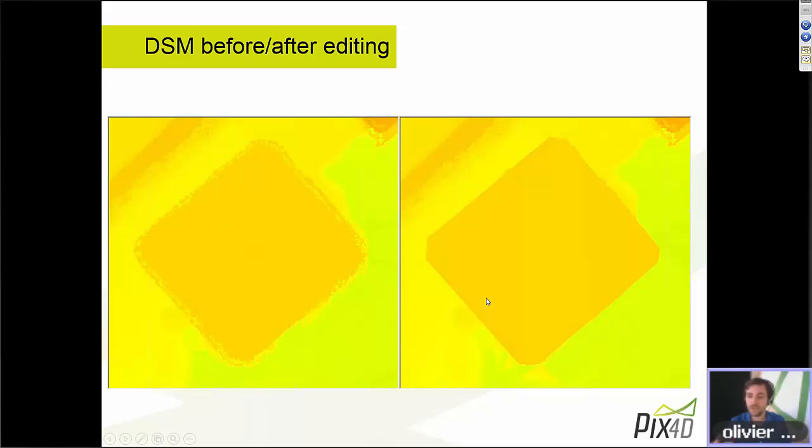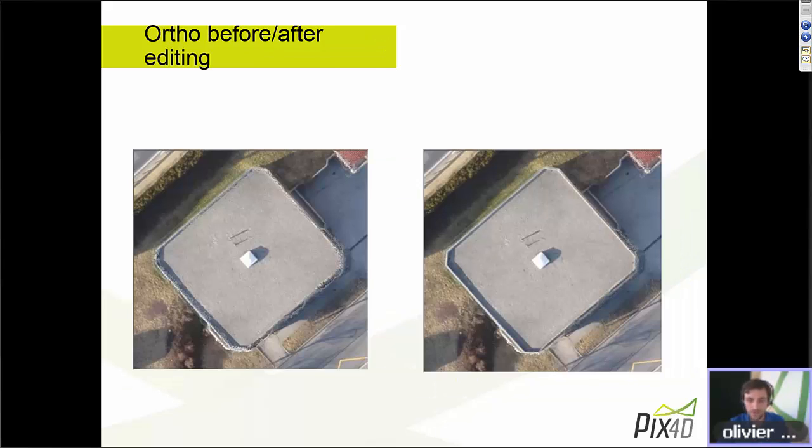And after the DSM, the orthomosaic is generated using the data from the DSM, and that's where you can see the difference. This is an orthomosaic generated automatically, again, in that very difficult data set, where you can see these little artifacts on the side, a bit of noise, which are due to the wrong geometry computation.